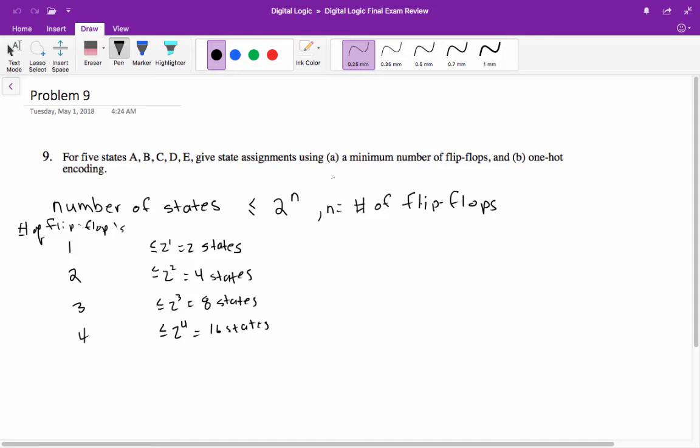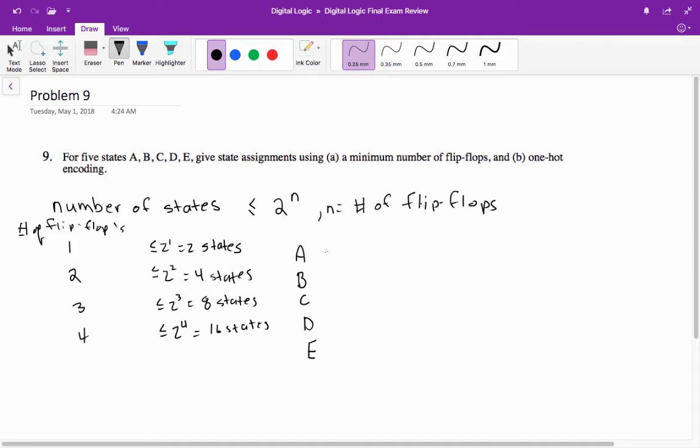So for part A here, where it says minimum number of flip-flops, we have 1, 2, 3, 4, 5 states. So 5 states means we need to have 3 flip-flops. And there is not a unique way to do this. You can do it in all kinds of different ways. It just needs to be that each state, A, B, C, D, E, has a different assignment, and I'm going to have a 3-digit number, and each of these needs to be different.